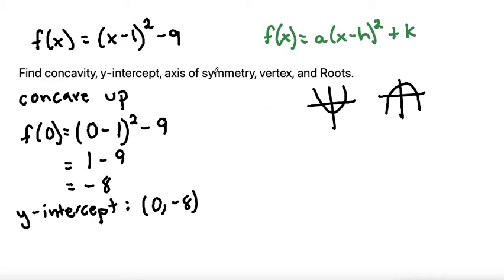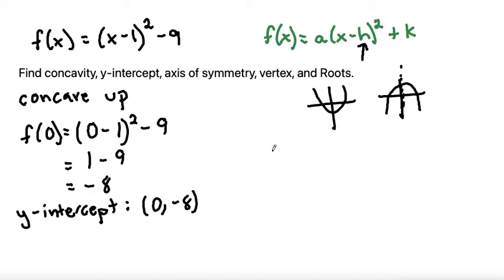From here, the next question asks us about the axis of symmetry. The axis of symmetry is the vertical line where the function is like a reflection on the left and the right. That always happens at the x coordinate of the vertex. The x coordinate of the vertex is our value of h. So in this case, our h is equal to 1.